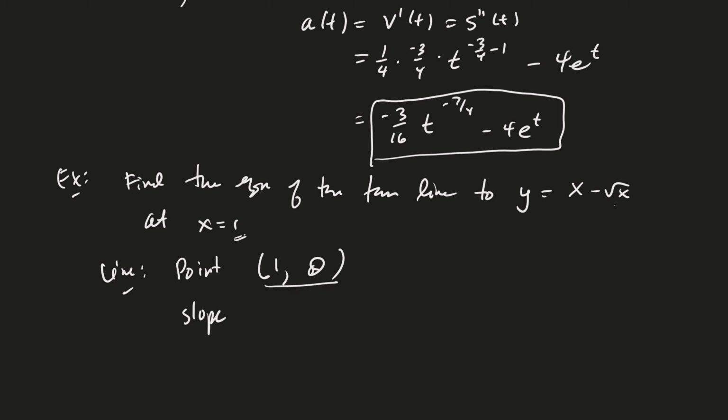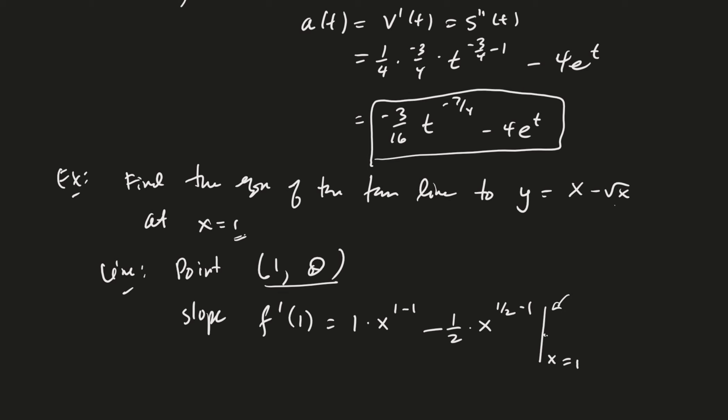And the slope is the derivative evaluated at 1. And so in this case, it's going to be 1 times x to the 1 minus 1, right? Minus 1/2 times x to the 1/2 minus 1. And then we're going to evaluate that at x equals 1. This is known as an evaluation bar here.